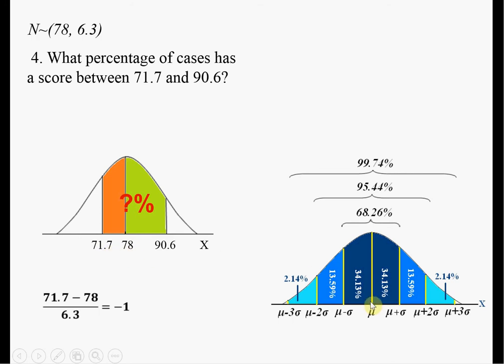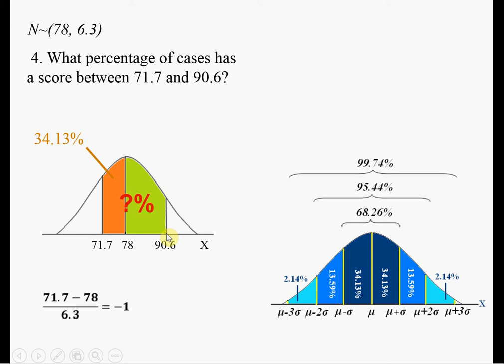Looking at this chart, one standard deviation below the mean, and you have this 34.13%. Therefore, we know that for the orange area, it is 34.13%.